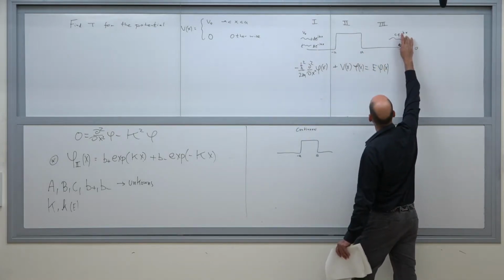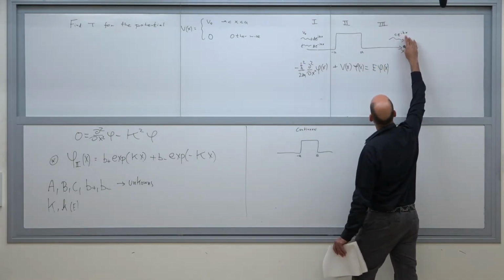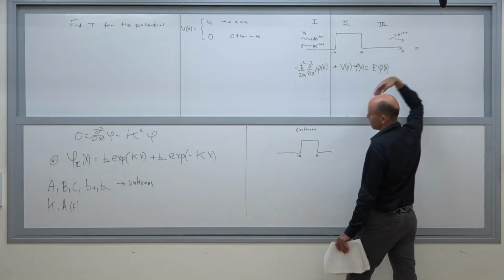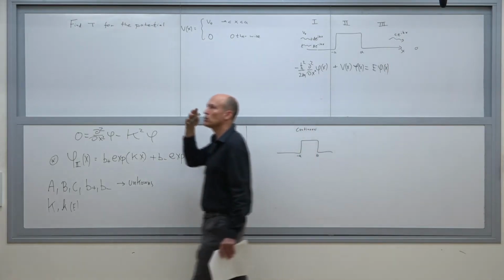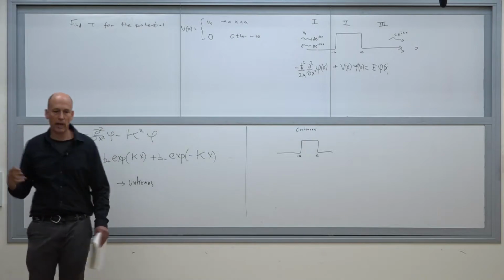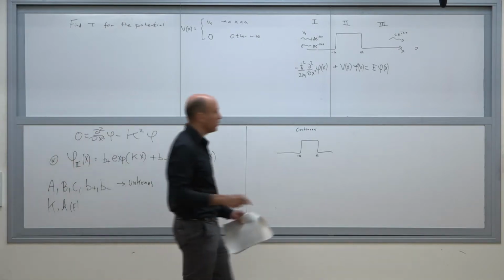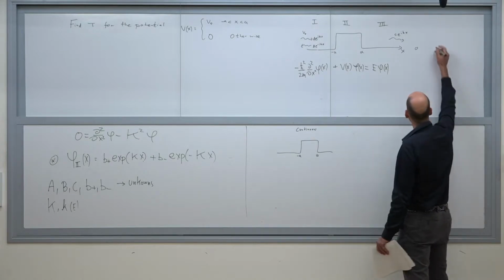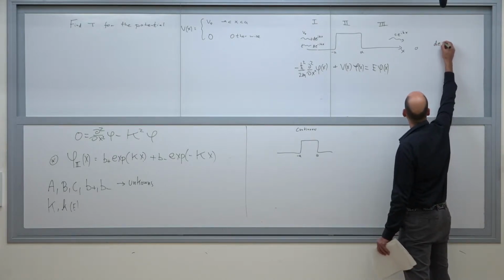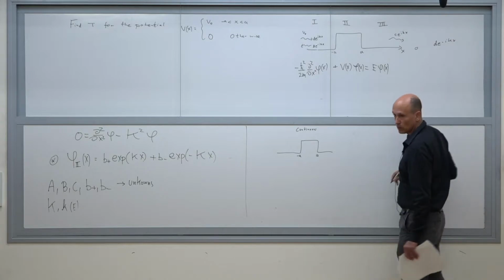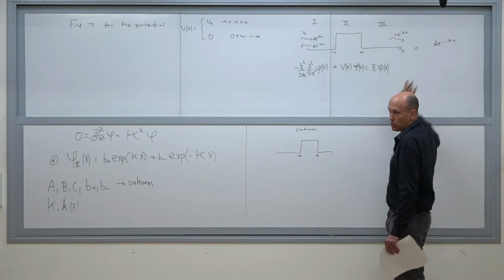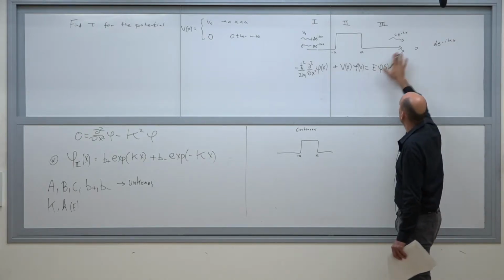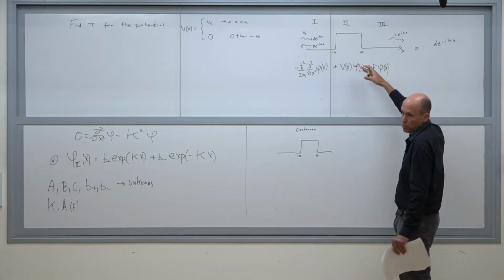If I had here plus kappa, I would be worried that the solution diverges. Or to put it differently, I already used the boundary at infinity. Because in principle, mathematically, I could add here D e to the minus ikx. If I add this to the Schrödinger equation in this region 3, it is a solution.